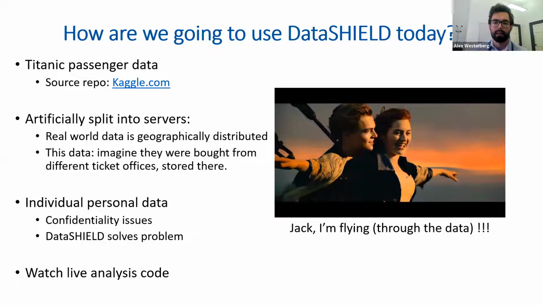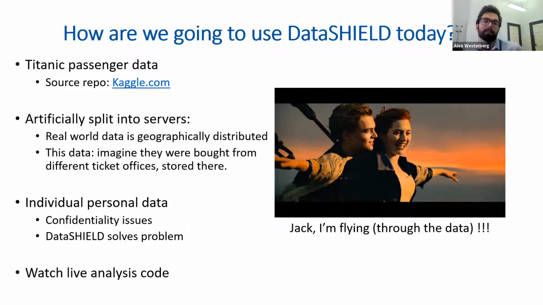So what we're doing today in the live demo, we have sourced some data on the Titanic passengers, and the repo for that was kaggle.com, which has lots of interesting data sets on there. And to simulate a federated Datashield analysis, we have chopped the CSV in half and put it in 2 locations on the Opal demo server that we're going to be connecting to.